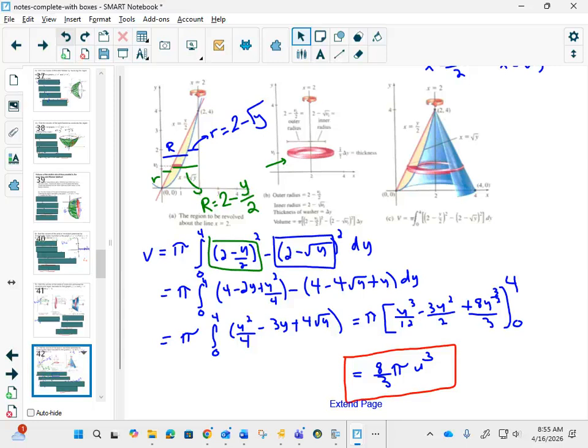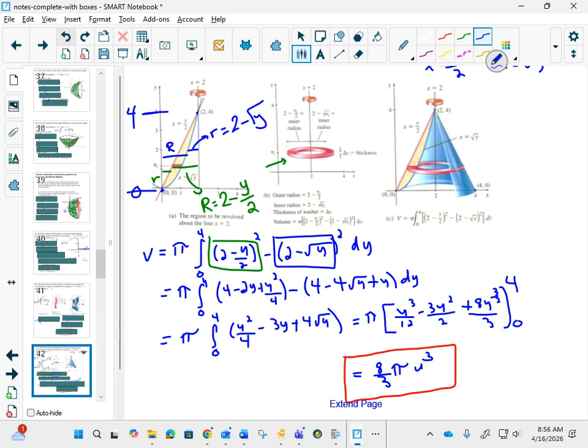Question. For some reason, I feel like we should be going from 2 to 4, not 0 to 4. Why are we going from 0 to 4? We're going from 0 to 4 because these are intersection points and we're rotating around y values. I guess I was confused because of the arrow on the top.